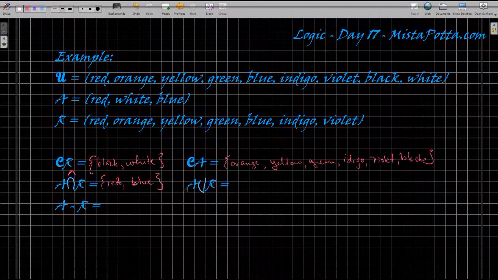If I go down here and do a union, remember, union is like a disjunction. It's in one set or the other or both.